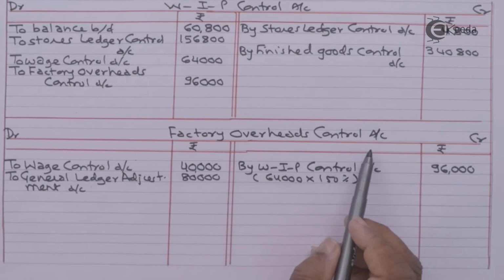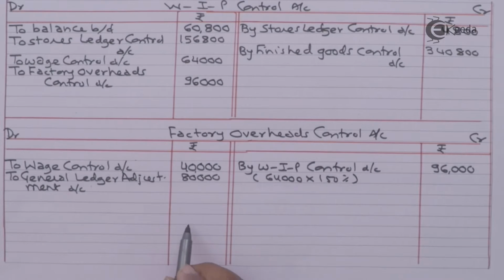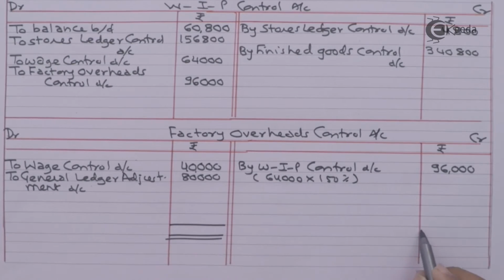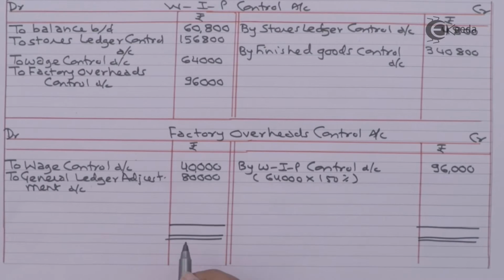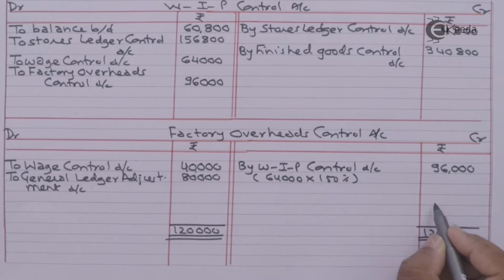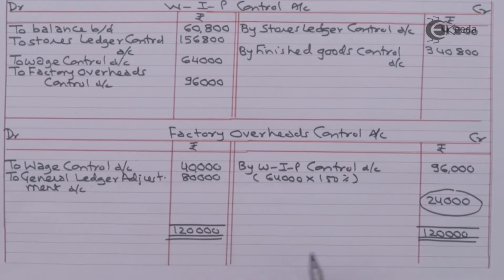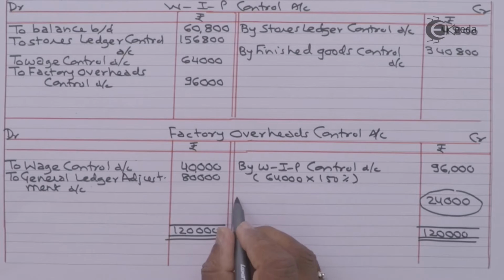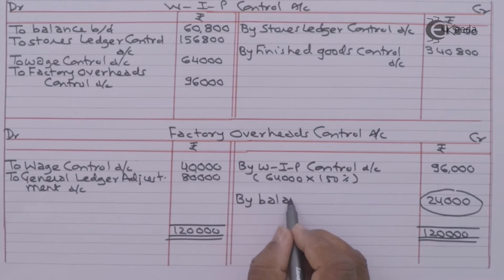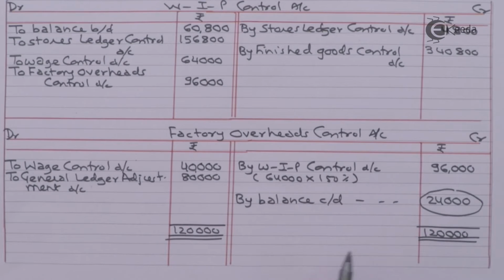64,000. Factory overheads control account. Let us close now. Debit 1,20,000. Balancing figure is 24,000. This will be transferred to trial balance. This unabsorbed amount will be adjusted next month.